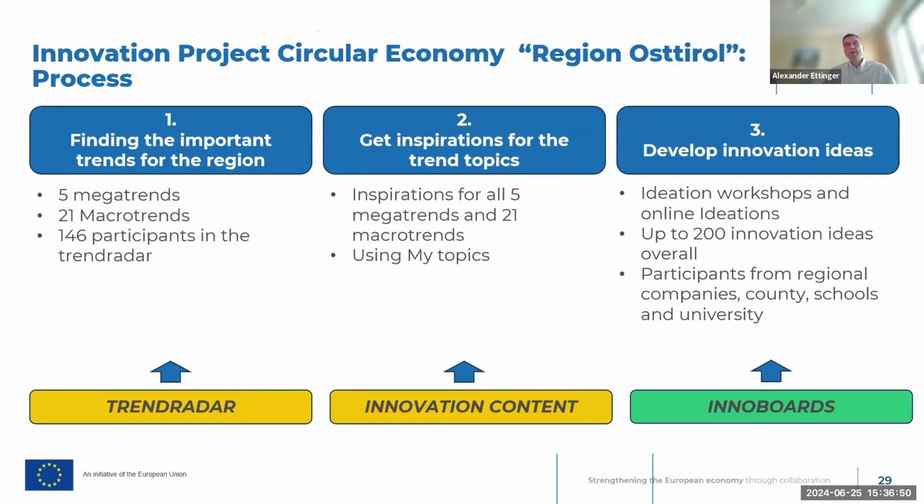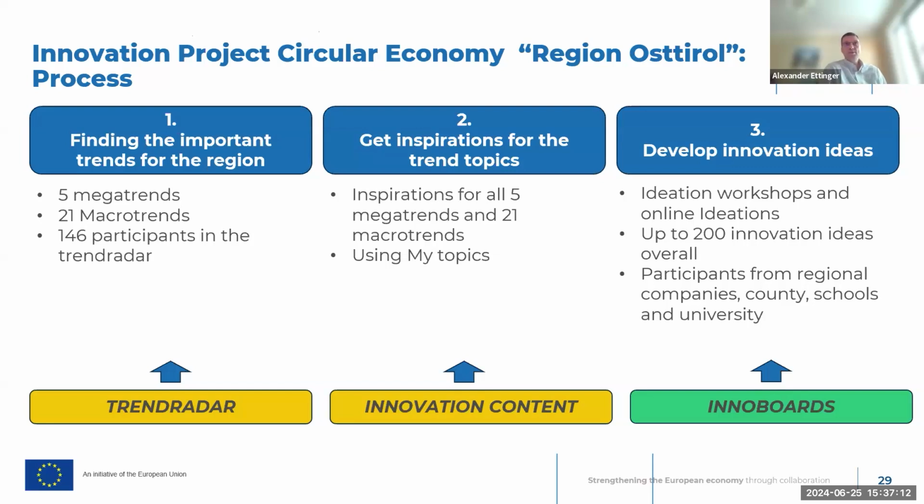Which new innovations could they find in the content? For example, they found a lot of different kinds of energy systems or new forms of energy that are used all over Europe or over the world. And they tried to think about how it can be used also in a region like East Tyrol.